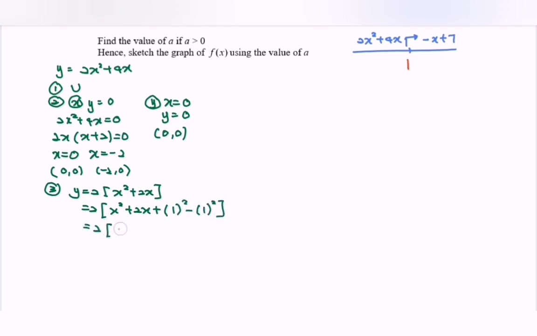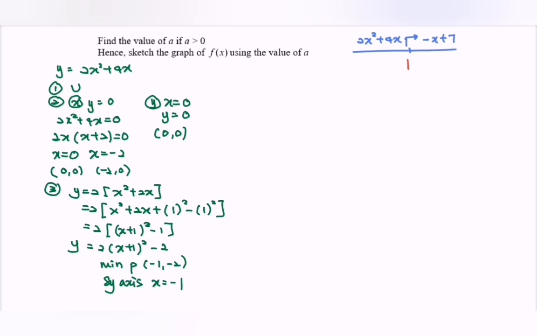So 2((x plus 1) squared minus 1), so 2(x plus 1) squared minus 2. So we have the minimum value at (negative 1, negative 2). We have the symmetrical axis, x equals negative 1.